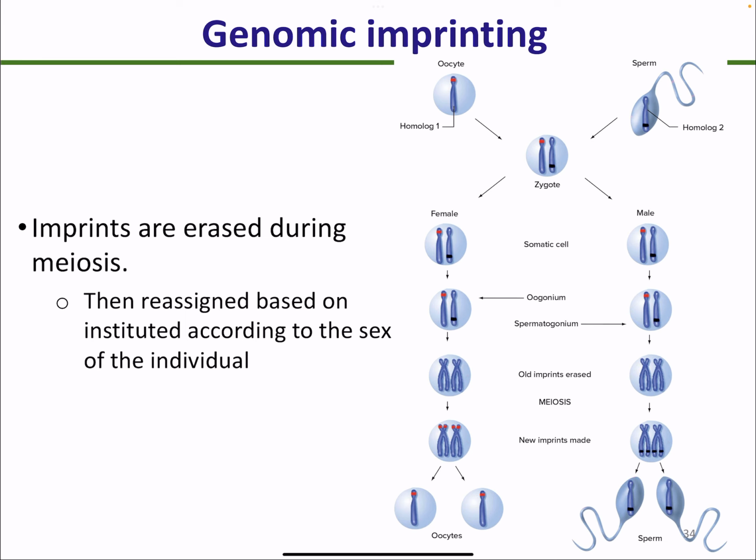So let's take a look at our cells here. Here we have a gamete, an egg cell, right? And a sperm cell here. So these two cells are brought together through a process of fertilization.